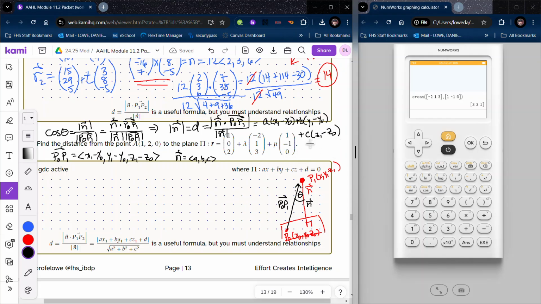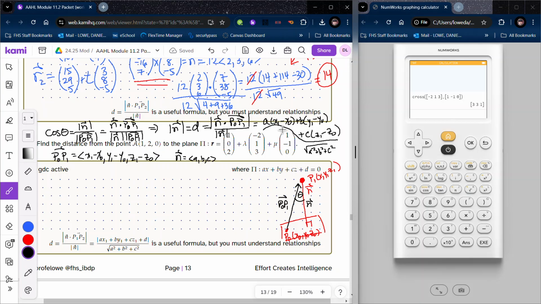That's going to be the numerator of the magnitude of my distance, and the denominator is going to be the square root of a squared plus b squared plus c squared.